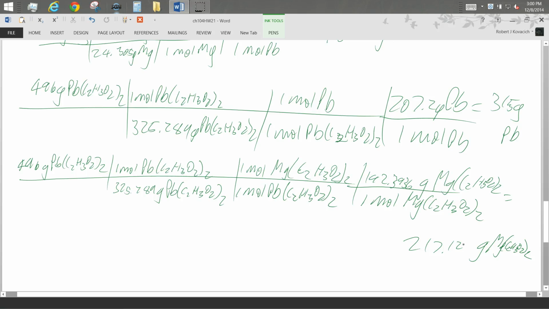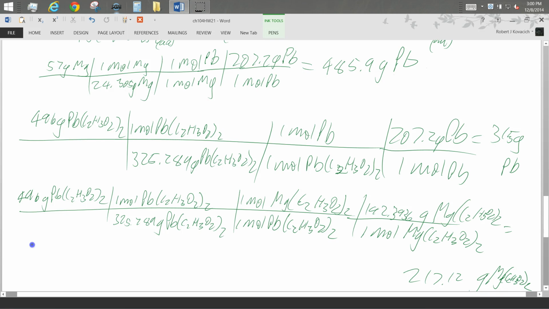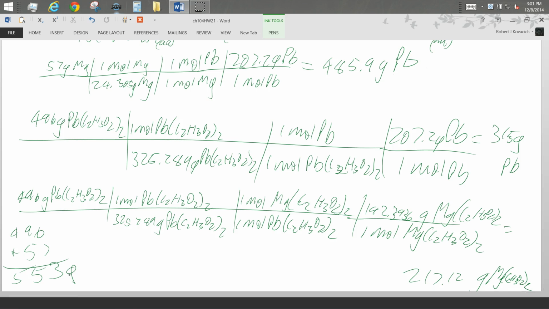I started off with 57 and 496, so 553 grams is what I put into the container. So I need to have 553 grams when I take it out of the container.